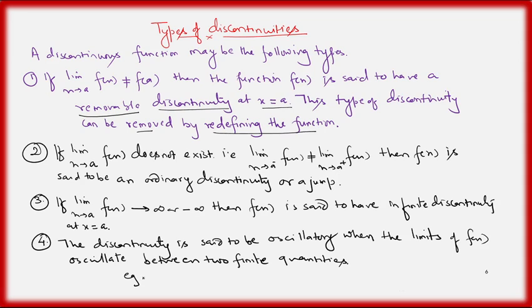For example, f of x equal to sine 1 by x, or f of x equal to cos 1 by x at x equal to 0. You know, it will oscillate at that particular point between two finite real quantities.